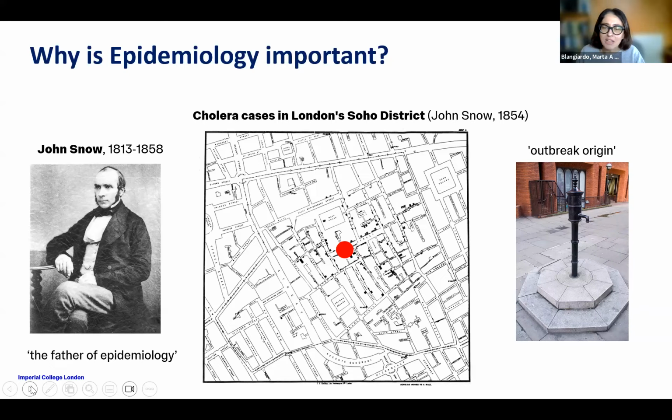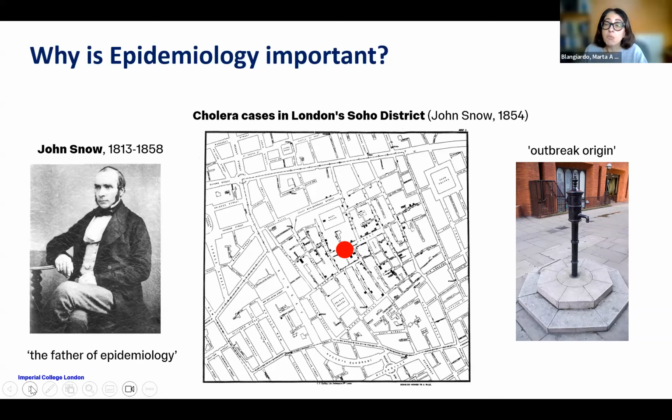He went into the field and he started looking where the different cases were located. And you can see those little squares in the map in the middle. And then the big dot is a water pump. And he actually realized that all these cases were around this specific water pump, which got water which was sewage contaminated from the River Thames.